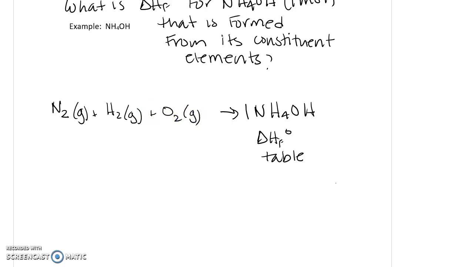Because the definition is 1 mole, we would have to balance our reactants only, because this 1 can't change. So if we have 1 nitrogen there, we know that this would have to be a half. If we have 5 hydrogens, then this would have to be 5 halves. And then we have 1 oxygen, so that would be a half.